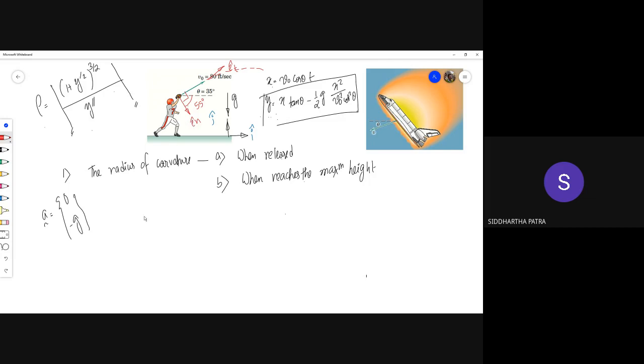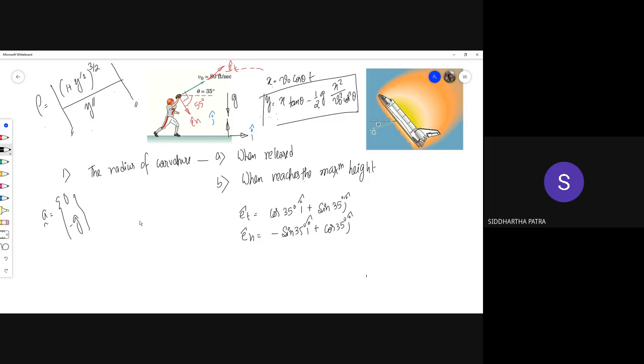So you can write et as cos 35 degree i plus sine 35 degree j, and en as minus sine 35 degree i plus cos 35 degree j.